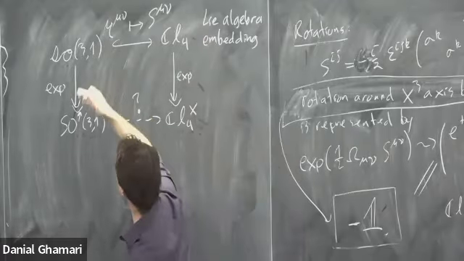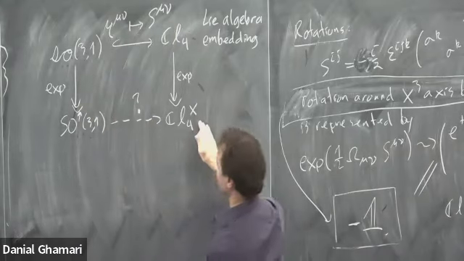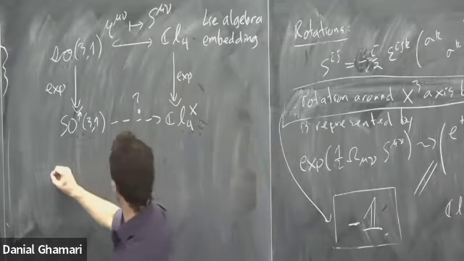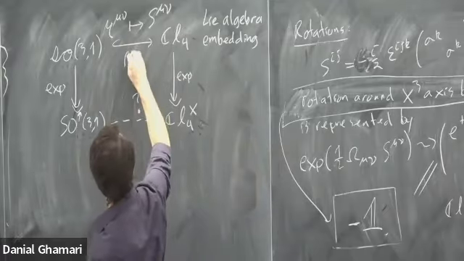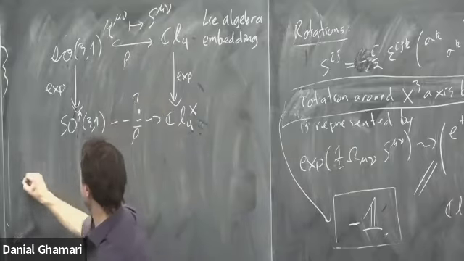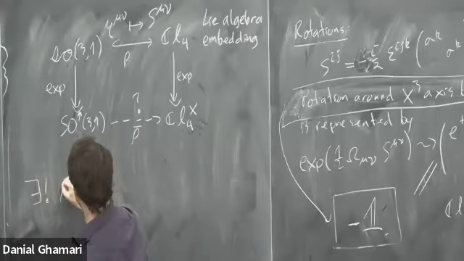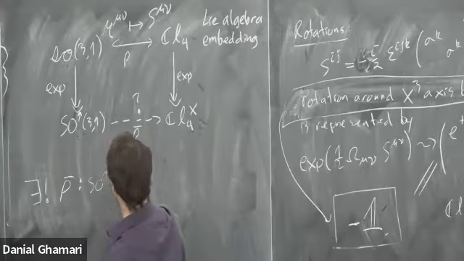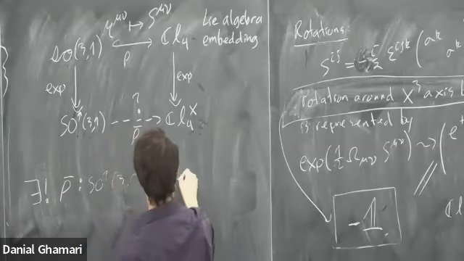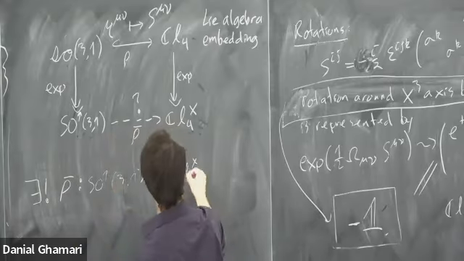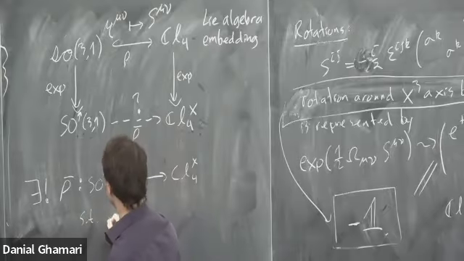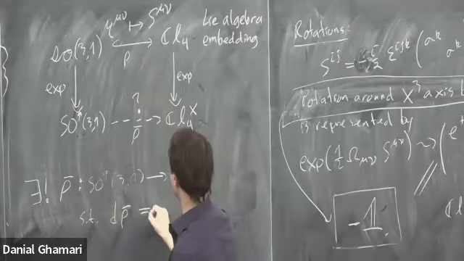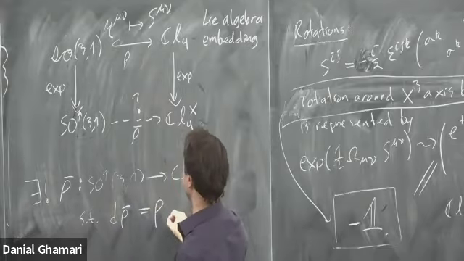Something that goes to the identity here, but not the identity here, there cannot be a map. We call this map rho and this rho bar. There does not exist a Lie group homomorphism from here to here, such that the derivative of this Lie group homomorphism is equal to this Lie algebra homomorphism.